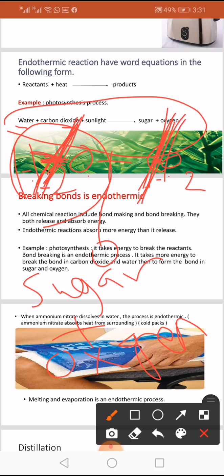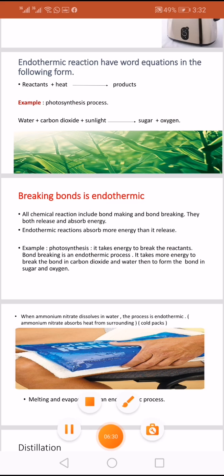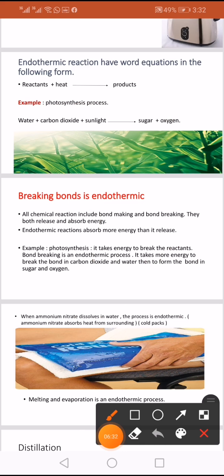To form the product. In the example of photosynthesis, that is sugar and oxygen. So in an endothermic reaction we need the energy. In the photosynthesis process or in an endothermic reaction, it takes energy to break the reactant, to break the bonds in water and the bonds in carbon dioxide.